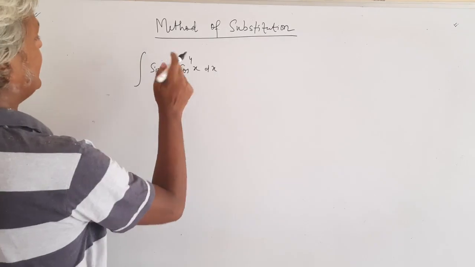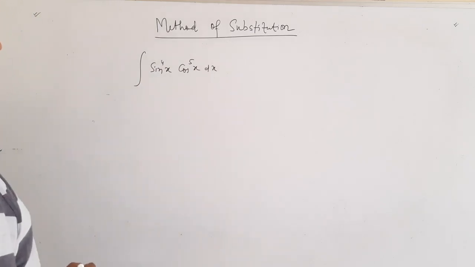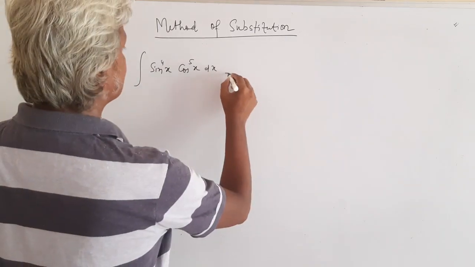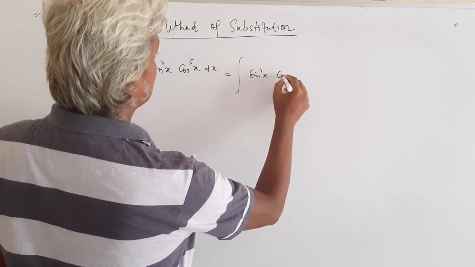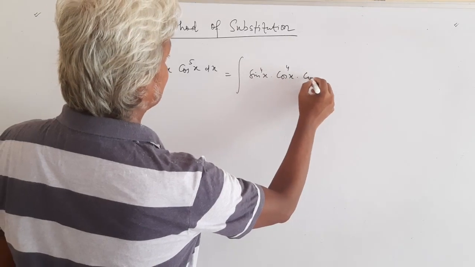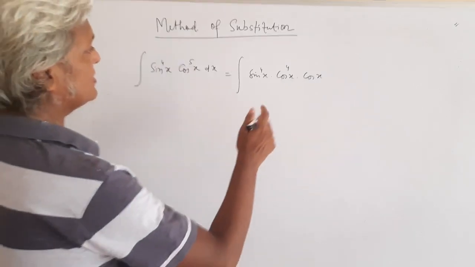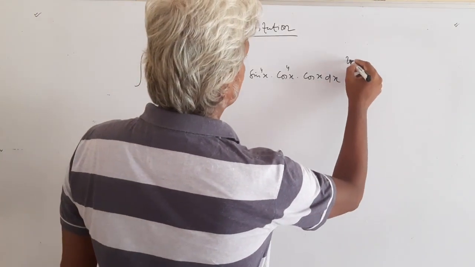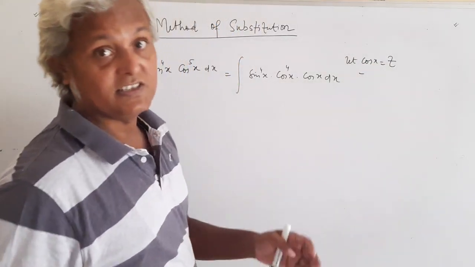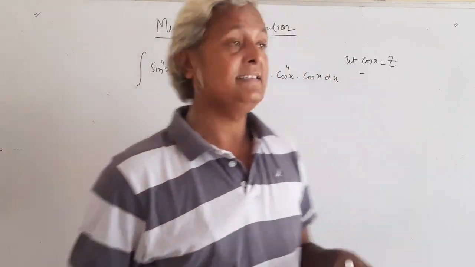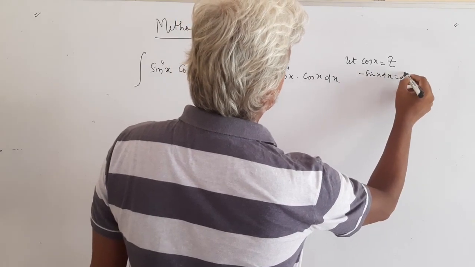So if I make this one as 4 and this one as 5, then what will happen? Then you can write it as sin to the power 4x cos to the power 4x and cos x. So what we do is assume cos x as t, and its differentiation is minus sin x dt.